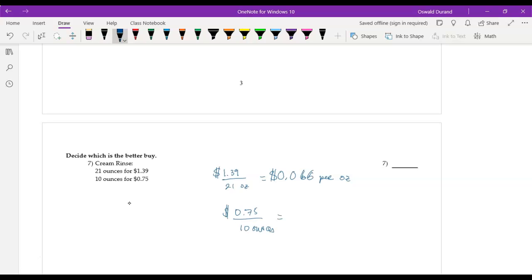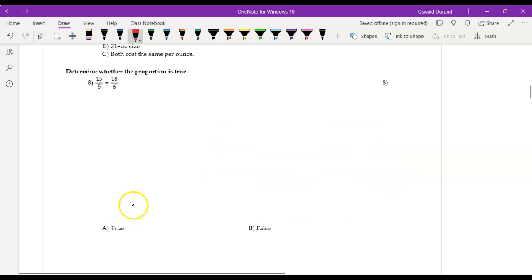But when we do that, we actually get 0.075 dollars per ounce. And we know that this is the better buy because 0.066 is less than 0.075. Okay? All right. So that's how you handle those types of problems.